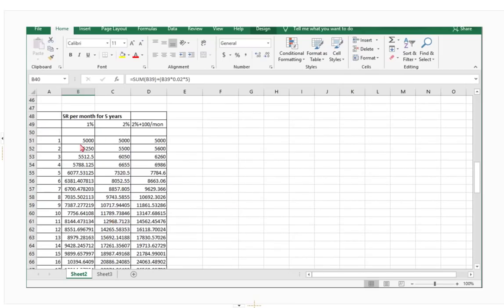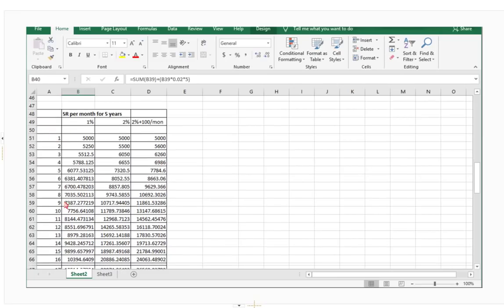Finally, in the bottom part, what I did was a full run of 5R per month for 5 years. This is at 1% risk, 2% risk, and then 2% risk with adding, say, $100 per month, and what that would grow into after 5 years.